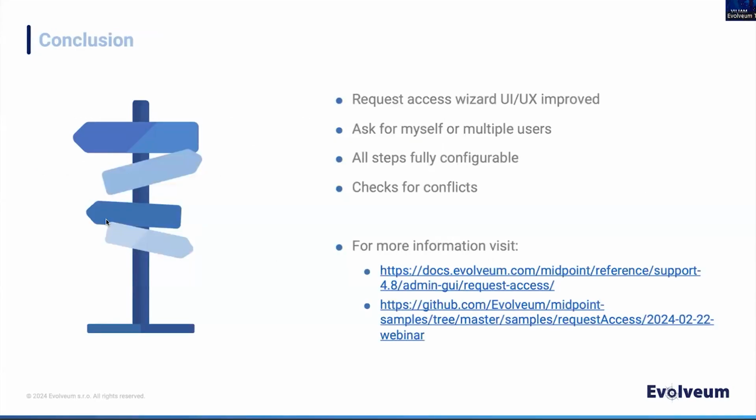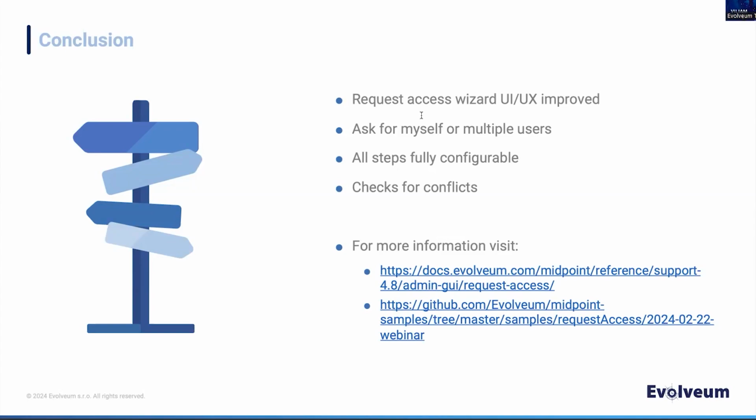As for the conclusion, in this webinar, we went through the Request Access Wizard, through the whole feature, how it looks, what the user experience of the new implementation is. We went through 2 scenarios. One was the simple one, and then the second one was more complex, where we could see how it works with the approvals and the segregation of duties, and that the wizard is capable of solving conflicts.